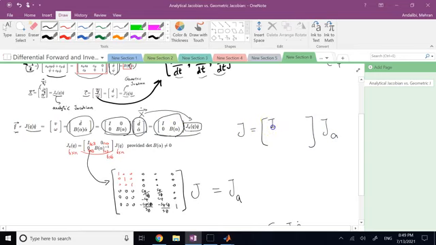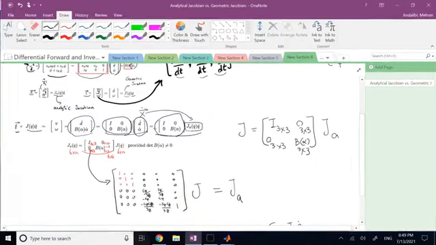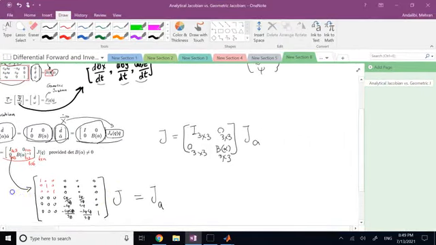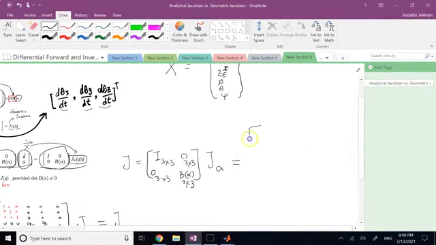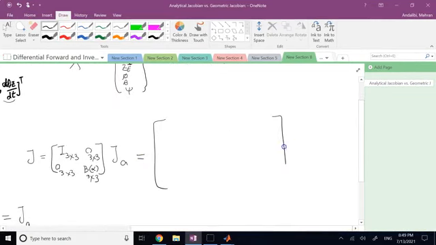So I 3 by 3, 0 3 by 3, 0 3 by 3, and B of alpha 3 by 3. So if you have the analytic Jacobian, then you multiply this matrix, but that guy will come into play here, correct? And you get this one.